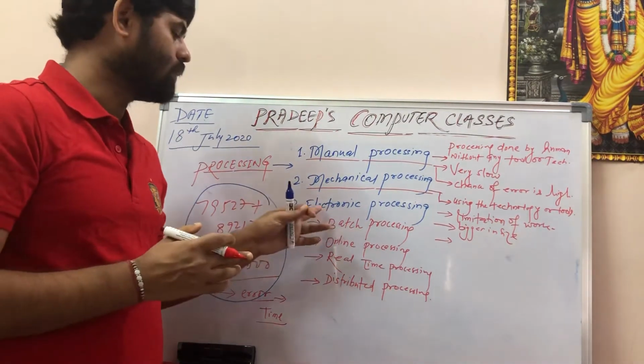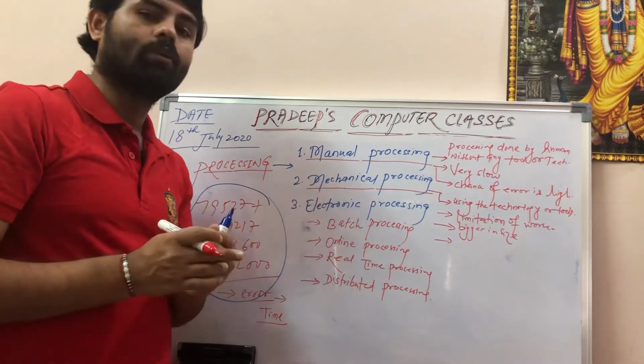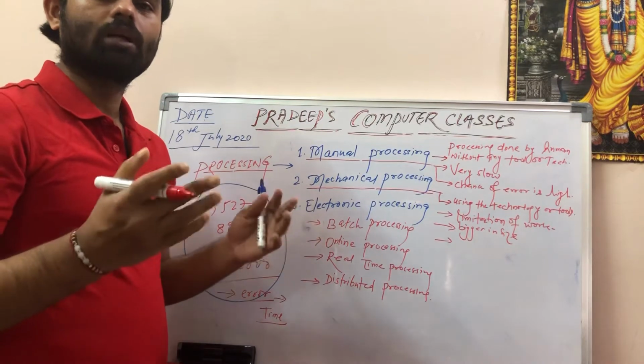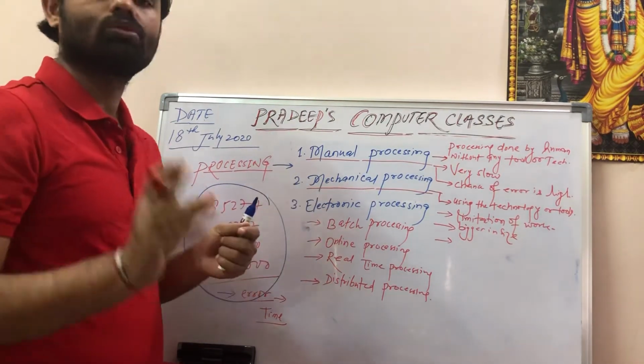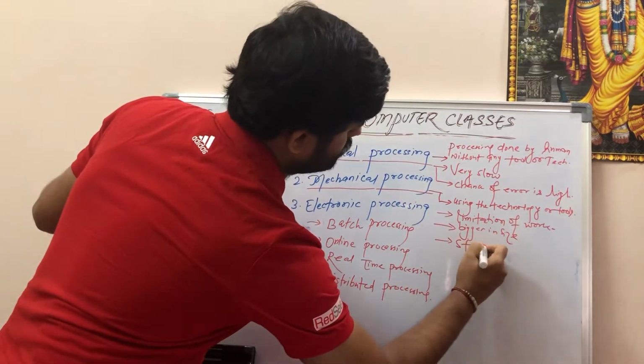I will come to electronic processing and explain that, but you can see that in a laptop you are able to store so many photos, videos and contents. So there is storage. But in mechanical processing, there is no storage. So that is a storage problem.